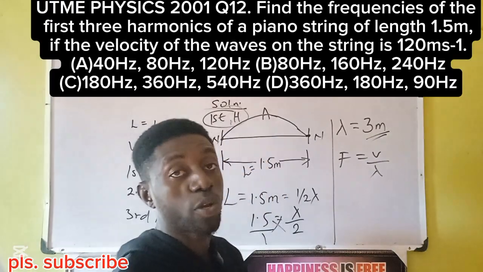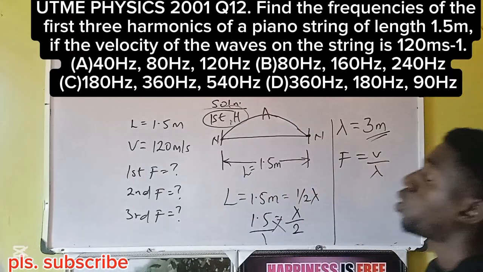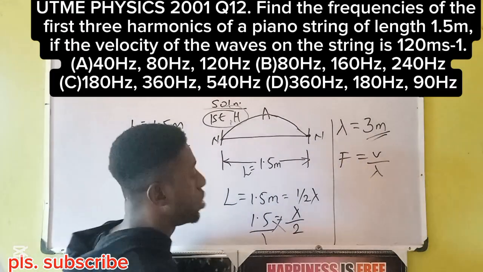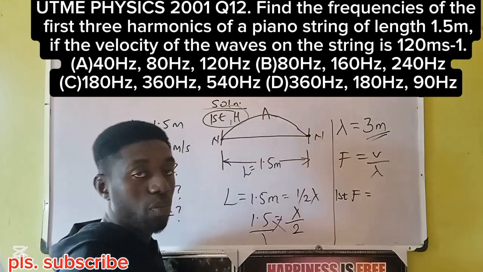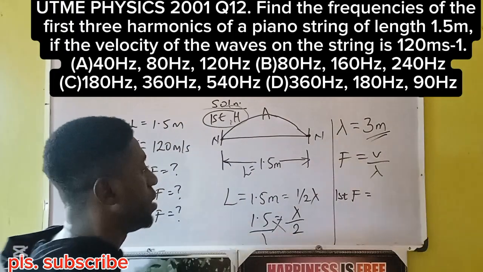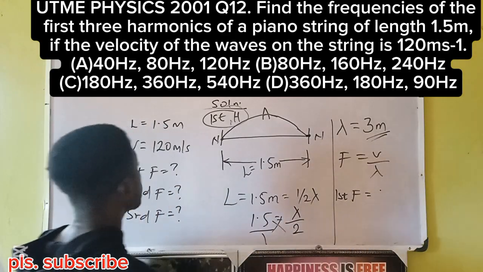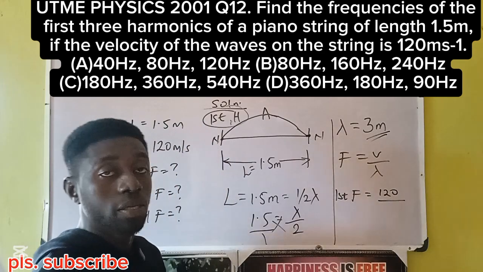Then let's solve. Recall, we were given the speed earlier, 120 meters per second. To get the first harmonic, that's the frequency now, the fundamental frequency. Our V is 120 meters per second.